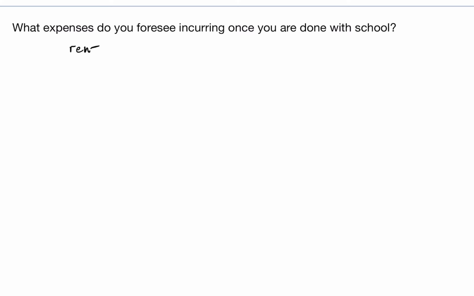And then at some point, you're going to hopefully afford to buy a house, and then you'll have a mortgage that you're going to be responsible for. Along with rent and or mortgage, you're going to have what's called utilities. And these are expenses related to electricity, water, trash removal, gas, and so forth.